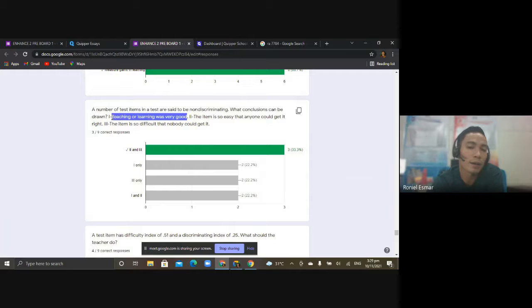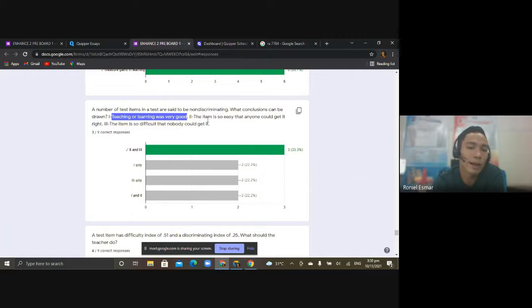We are pertaining to the result of that test, the scores of the students per test item. So number 1 is obviously not appealing, because we're pertaining to test items, not the teaching practices of the teacher.